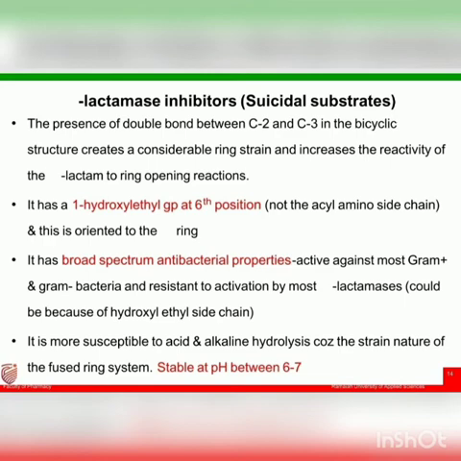That could be because of the hydroxyethyl side chain. It is more susceptible to acid and alkaline hydrolysis because of the strained nature of the fused ring system. It is stable between pH 6 to 7.